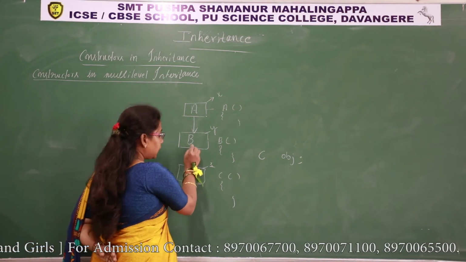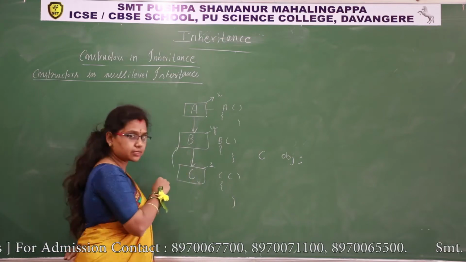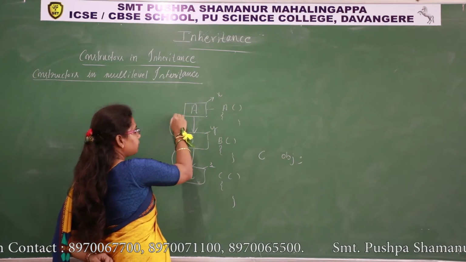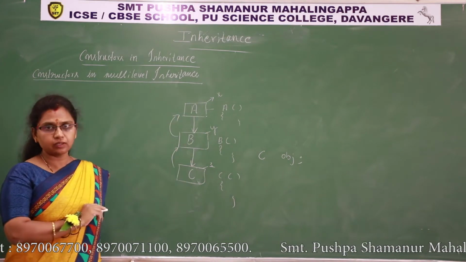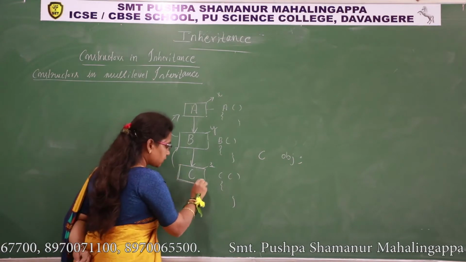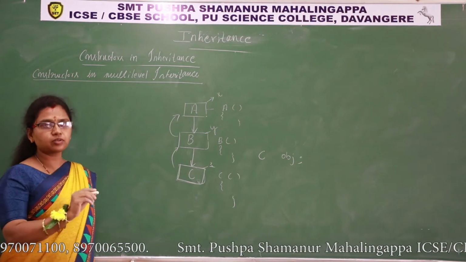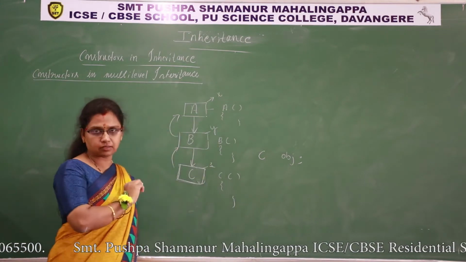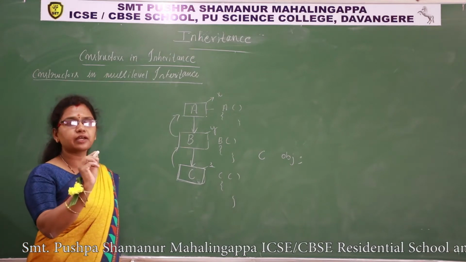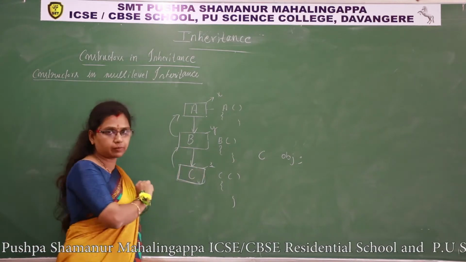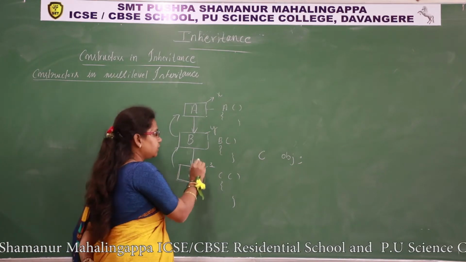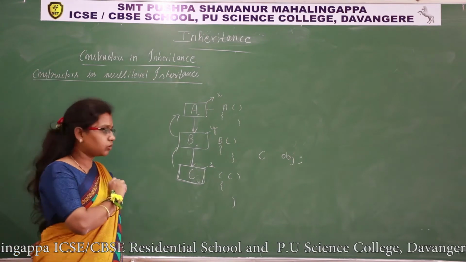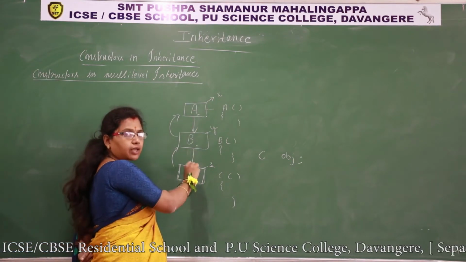So class B is the immediate parent class of class C. Class A is the immediate parent class of class B. So this class constructor has the responsibility to pass initial values to its parent classes. So in total, how many parameters do I have to pass to this class? 3 parameters. One for class C, another for class B, and another for class A. Isn't it? Total, how many? 3 parameters I have to pass.